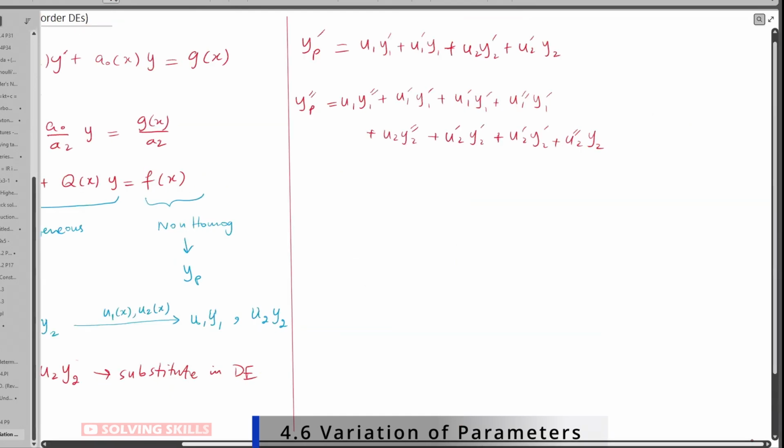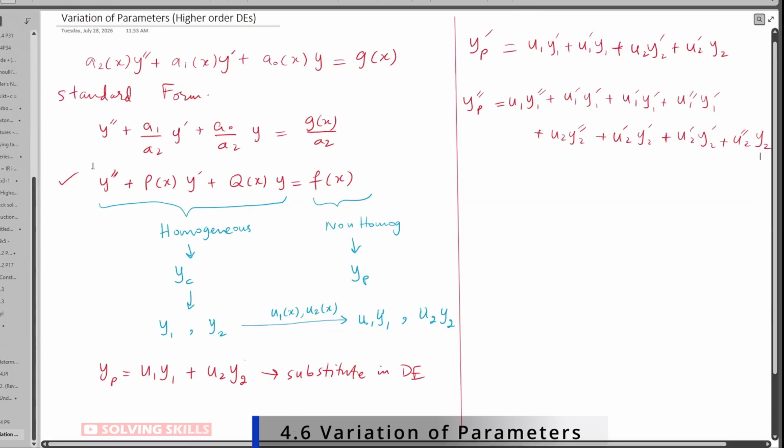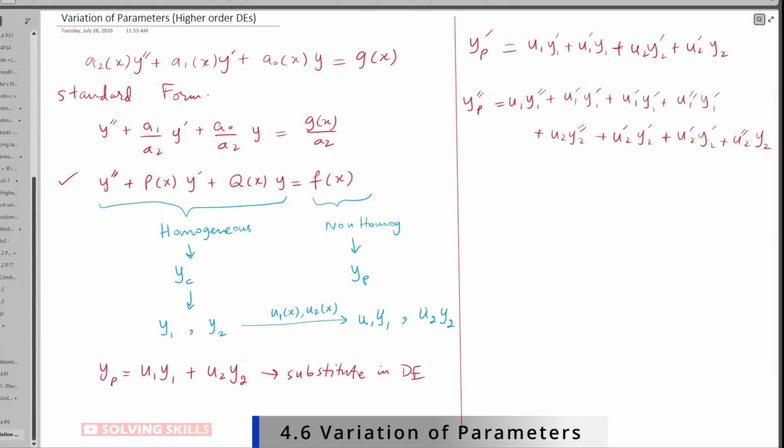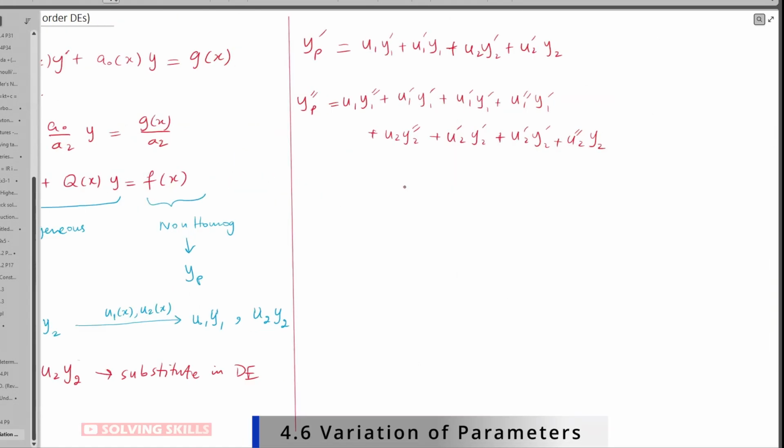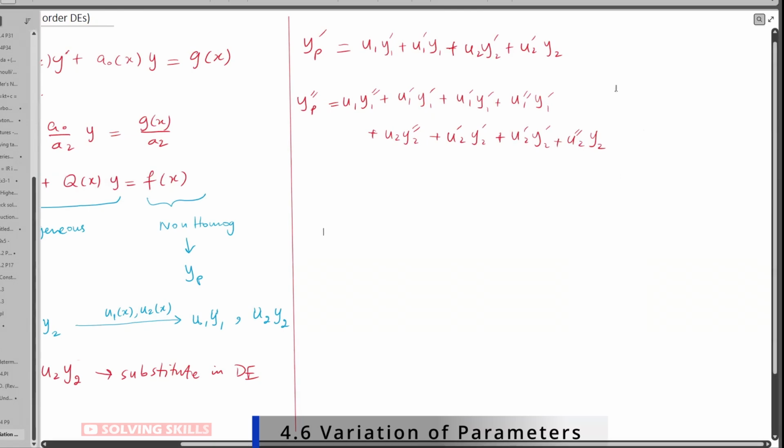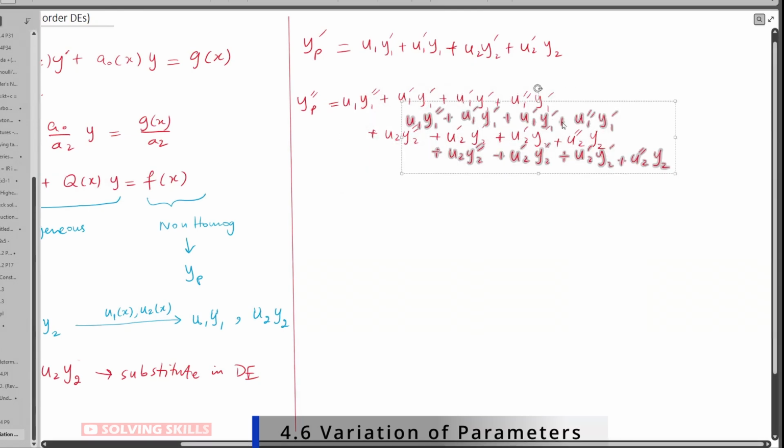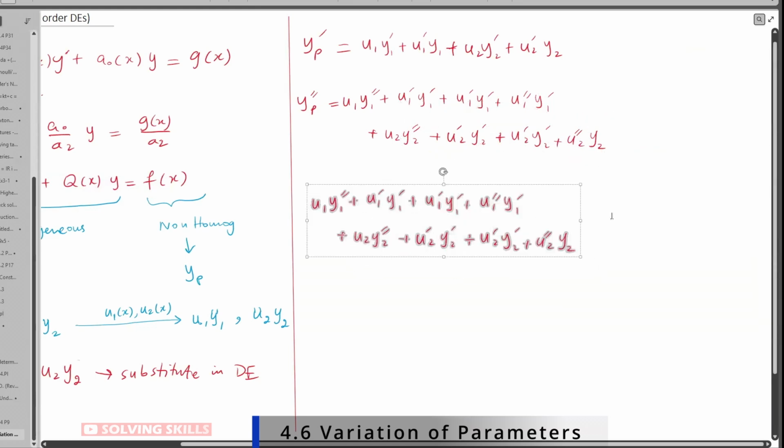So now we're going to substitute. So the equation is y double prime plus p of x y prime plus q of x y equal to f of x, right? So we're going to substitute in the same way. I'm going to copy paste all of this. So this is the first term because yp double prime is without any coefficient.